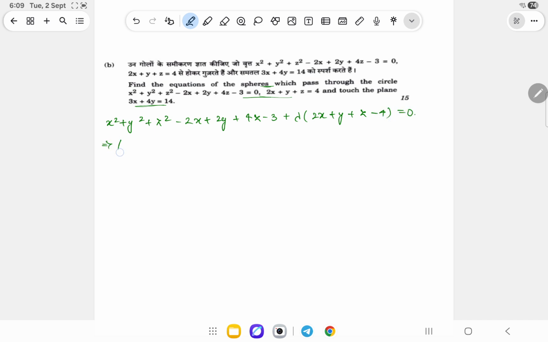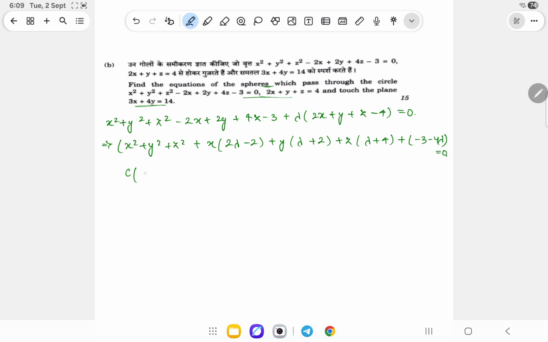If I simplify it, I'll be getting x square plus y square plus z square plus x into (2 lambda minus 2) plus y into (lambda plus 2) plus z into (lambda plus 4) plus (minus 3 minus 4 lambda) equals 0.